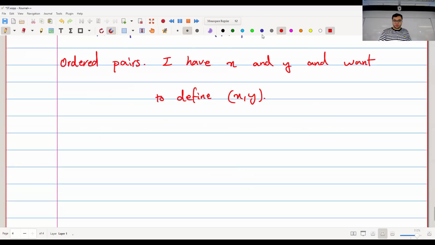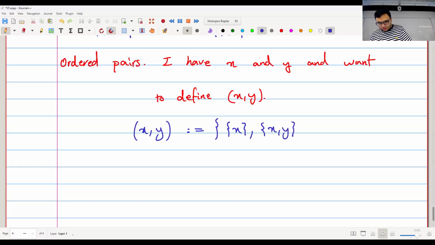So I'm just going to use that. And this is what I'm going to do. I'm going to say whenever I write the pair x, y, what I actually mean is the set that has two elements. One element is the set containing x, and the other element is the set with two elements, x, y. Okay. So this is how I define a pair.